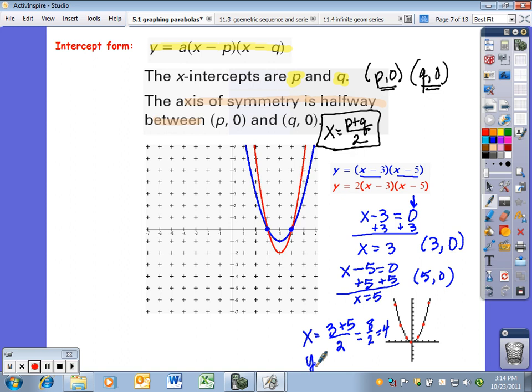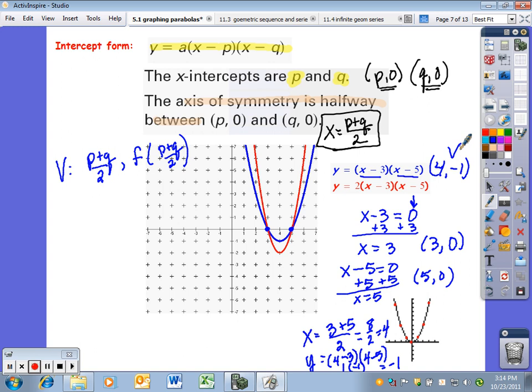So my vertex will be p plus q, my two intercepts, divided by 2, and then f of that, which means you plug the x value into the function. So y equals 4 minus 3 times 4 minus 5. 4 minus 3 is 1, times 4 minus 5 is negative 1. 1 times negative 1 is negative 1. (4, negative 1) is my vertex.